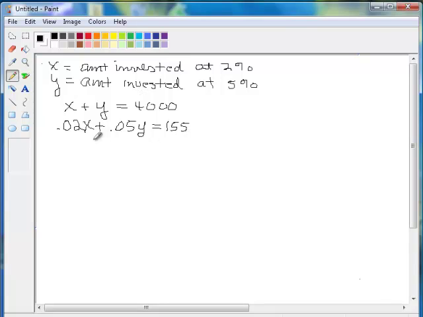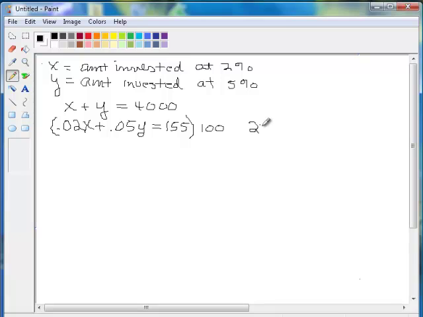Now we have a system of equations, and it shouldn't be too difficult to go ahead and solve these. This is something you should already know how to do. You can either solve them doing the addition method or the substitution method, but I am going to do the addition method. So first I'm going to multiply this entire equation by 100 in order to get rid of the decimals.